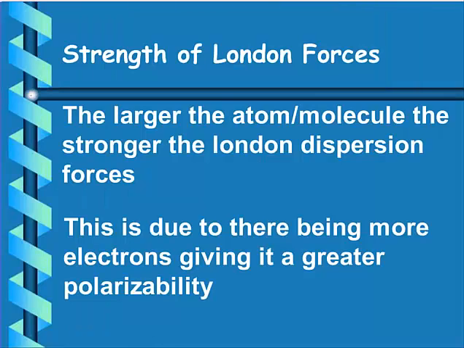So the strength of London forces is due to the size: the larger the atom or molecule, the stronger the London dispersion forces. And when we say larger, we are talking number of electrons. The more electrons it has, the stronger the London dispersion force, because there's a greater chance that it's going to undergo one of these momentary dipoles. In other words, the more electrons, the greater the polarizability.